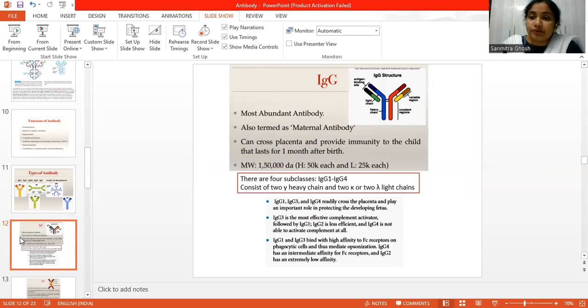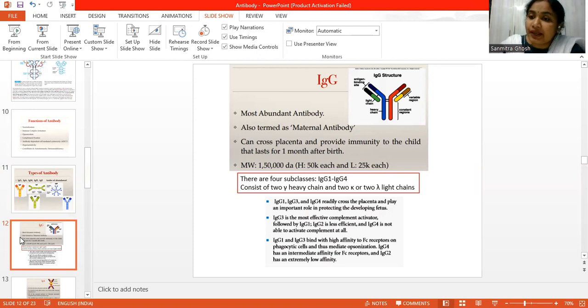Light chains can be of two different types, the lambda and the kappa. And in all these different types of antibodies that we are going to learn, either lambda or kappa light chains are present. Now, based on the type of heavy chain or polypeptide chain that is present, the names of the immunoglobulins are decided. So these heavy chains can be of 5 different types.